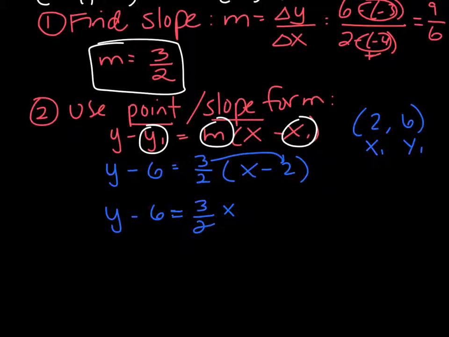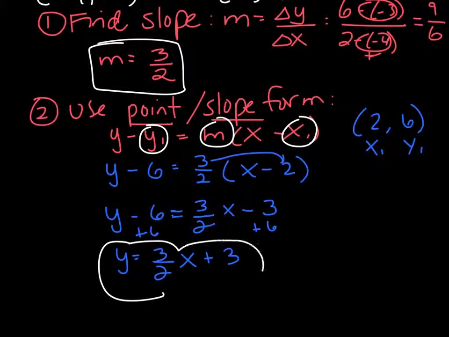The 2's drop out and I end up getting minus 3. Then I'm going to bring over my 6. I'm going to add it over. So I have 3/2 x plus 3. And there my equation is, now in slope-intercept form.